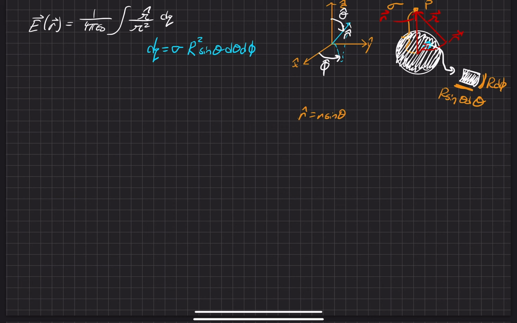I am pulling this directly from the inside cover of the textbook. This is just the definition of a unit vector in spherical coordinates as it's translated into Cartesian coordinates. If you're a little bit confused on this, again, I recommend going back and reviewing this portion in chapter 1 at the beginning of the text.